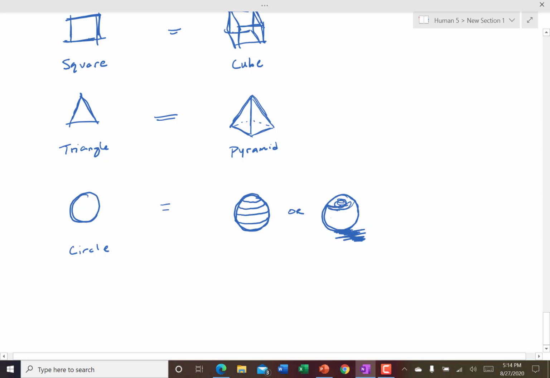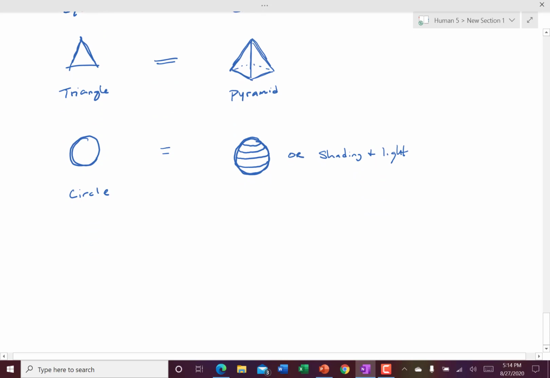It doesn't work as well with the type of digital drawing tool I'm using. We'll just stick with shading and light. There we go. I need more refined tips to be able to actually shade it in.